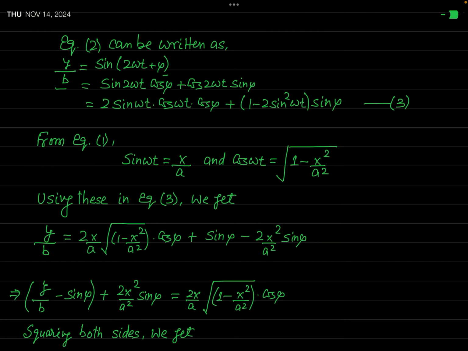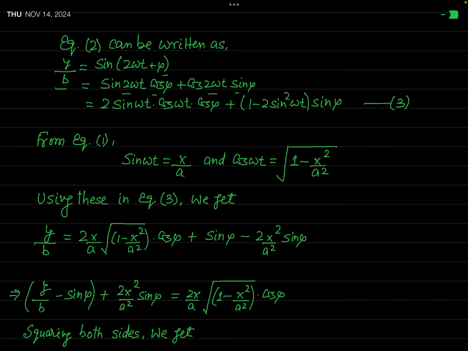Now, applying the formula for sin(a + b), you can write sin(2 omega t + phi) as sin(2 omega t) cos(phi) + cos(2 omega t) sin(phi). Again, you know, sin 2 theta is equal to 2 sin theta cos theta.